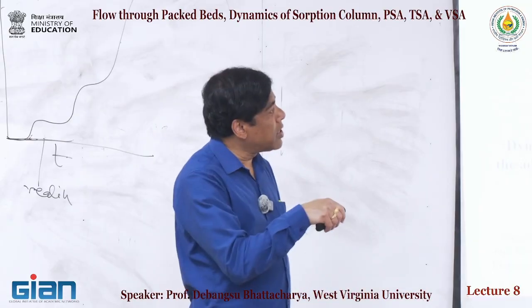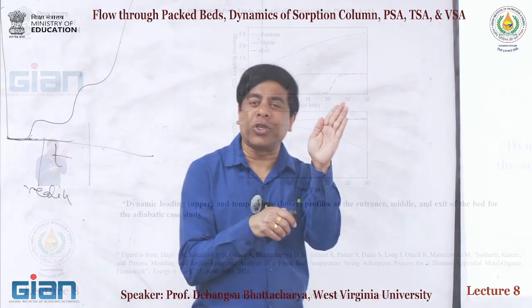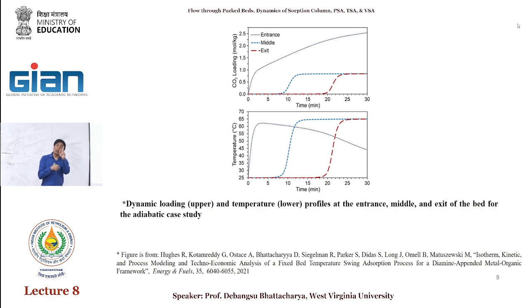The front portion is cooling, but the later portion is already getting the flue gas which is already hot, so it cannot cool down. The gas is coming in at 25 degrees or so, so the front portion cools, but because of that the gas already gets heated up.